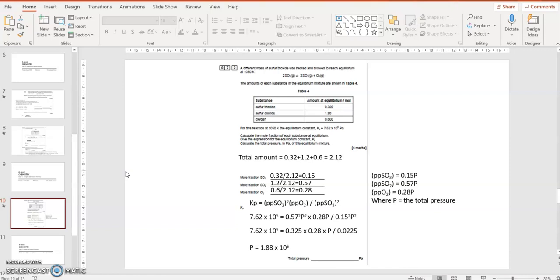Normally, as I said, I'd be given P, put the numbers in, plug them into Kp, and work out the Kp.